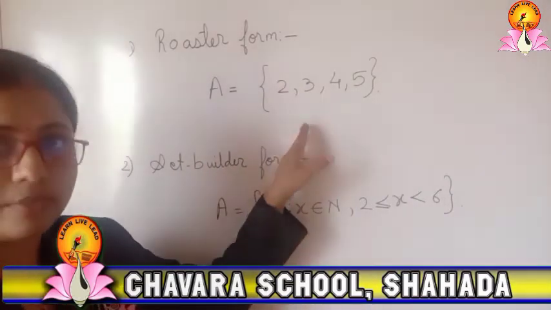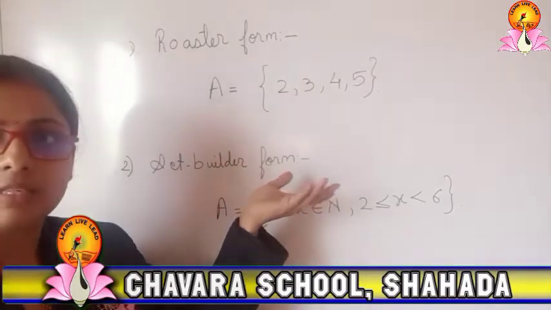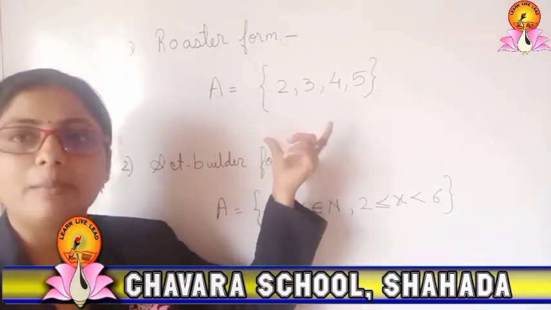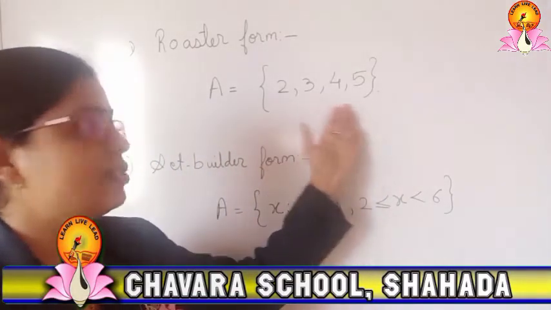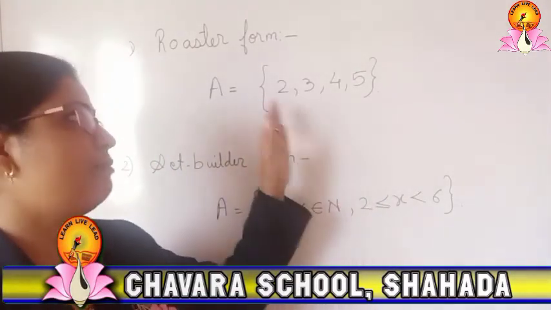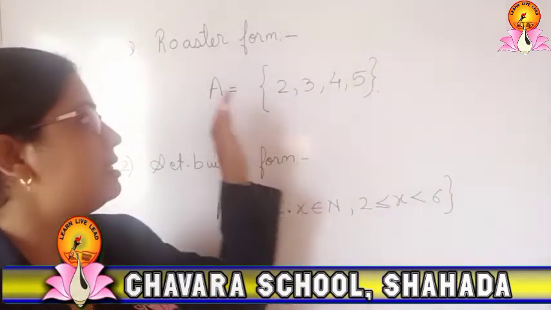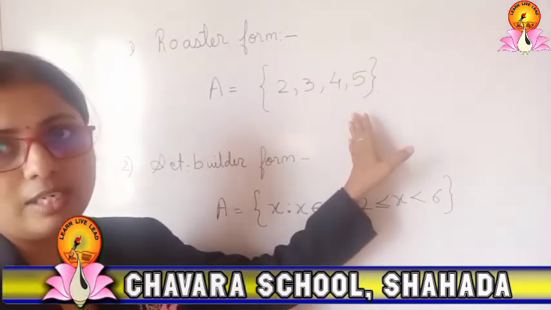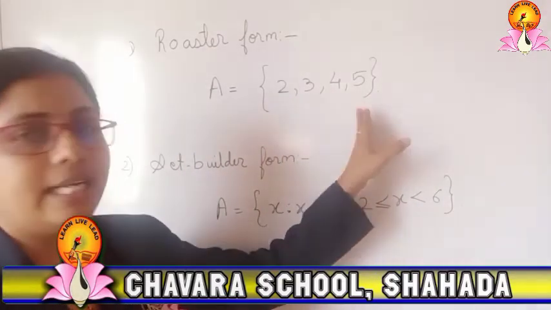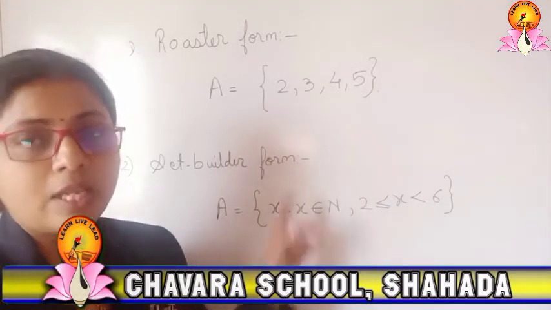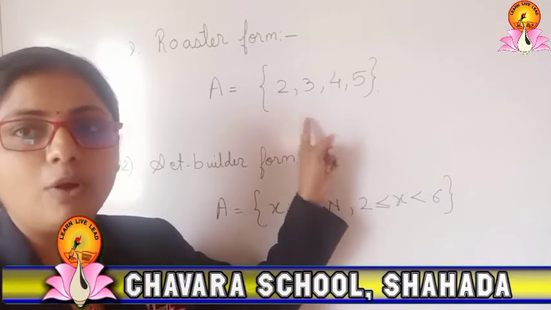You have to observe these elements carefully and recognize what they represent. These are the natural numbers, starting from 2 and ending at 5. So this is a set of natural numbers. This is the roster form, also known as the tabular form.